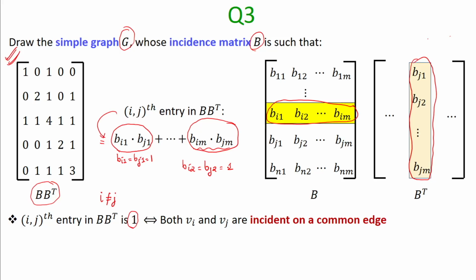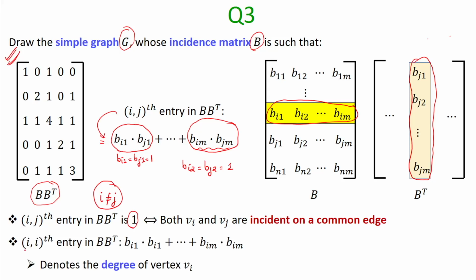So by focusing on the i comma jth entry where i and j are distinct and checking whether it is 1 or 0, we can identify whether the vertices vi and vj are the endpoints of an edge or not. And you have that information available in the product matrix B times B transpose.